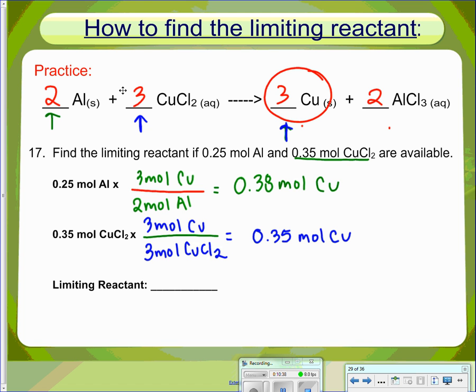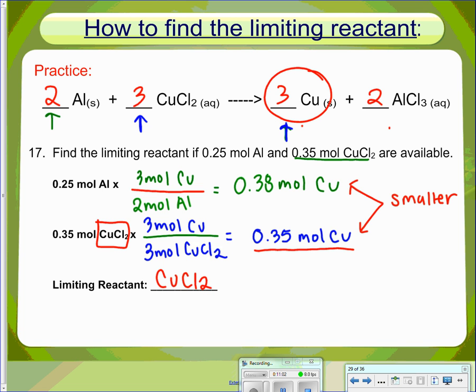After you've figured out how much product you can make, which is what we just did, you need to compare your two answers. So in comparing our two answers, we want to see which one is smaller. So the one that is smaller is obviously 0.35 moles of copper. What this means is our limiting reactant is our copper 2 chloride.